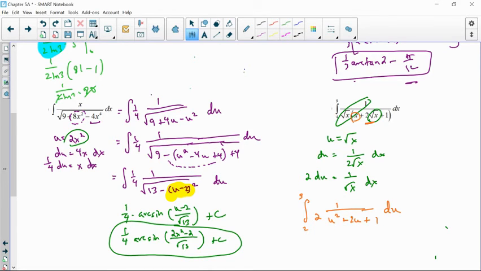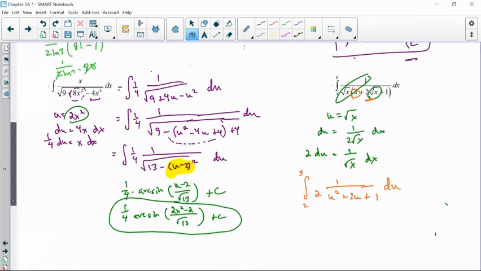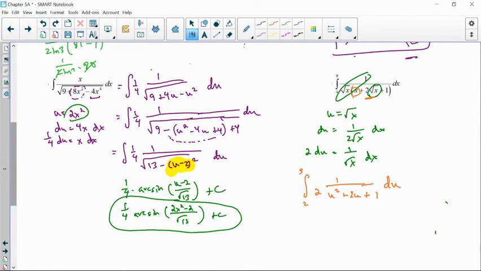Now, initially I thought maybe this might be inverse tangent, but it's already a perfect square. So I can factor that. So it's 2 times 1 over u plus 1 squared du.